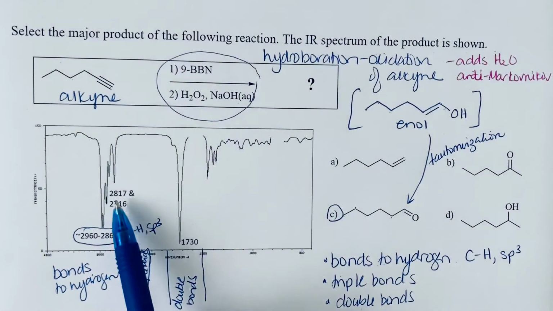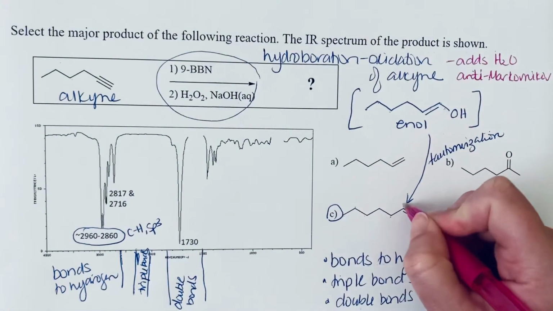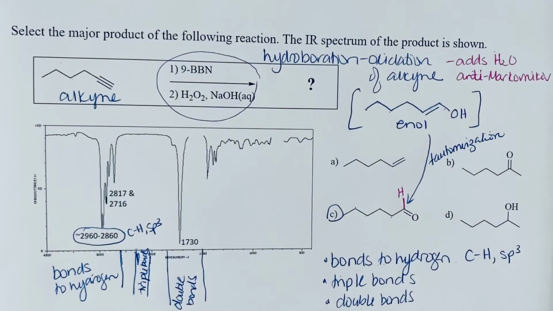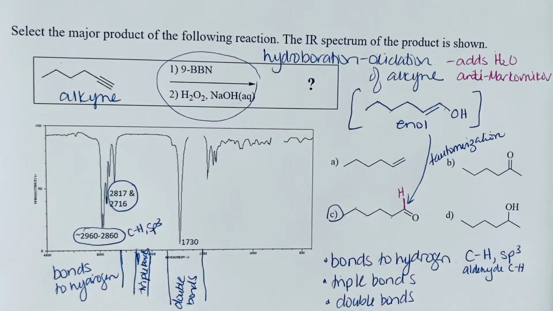Okay, but we still have these other things indicated right here in that bond to hydrogen region. So do we have any other bonds to hydrogen? Well, it might not be immediately apparent, but right here, we also have a bond to hydrogen. So we also have an aldehyde CH. And that's what these two peaks are. That's indicative of an aldehyde.